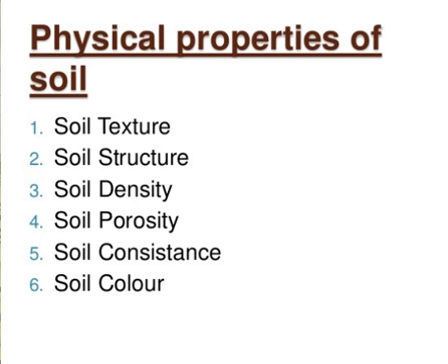Number three, soil density, which includes particle density and bulk density, which comprises density of soil. Number four, soil porosity. Number five, soil consistency. And number six, soil color. Let us study in detail about these properties of soil, starting from soil texture.